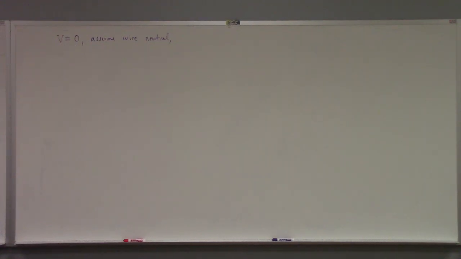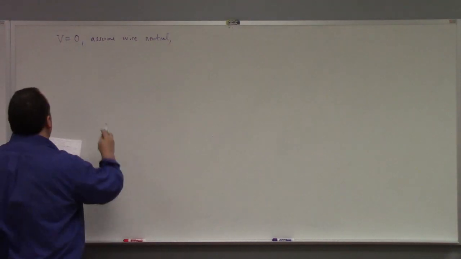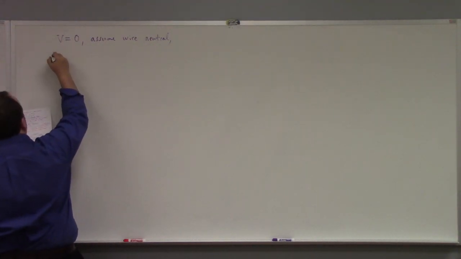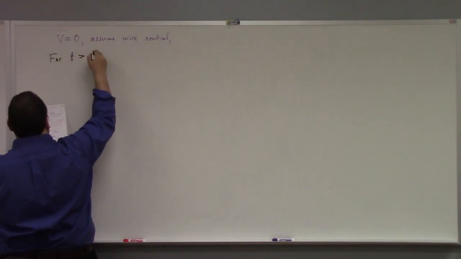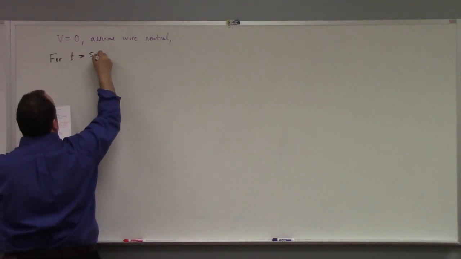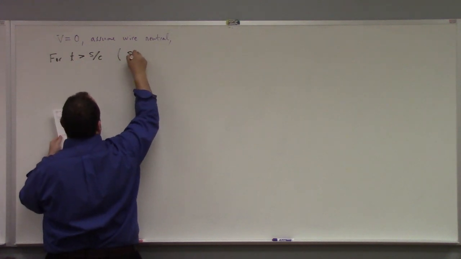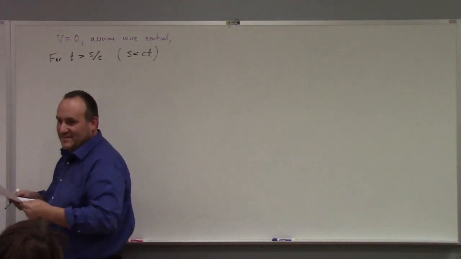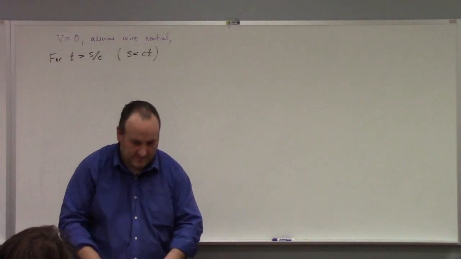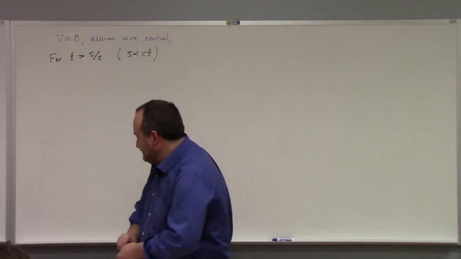So for time greater than s over c, which is equivalent to saying s is less than ct, there are two different ways to look at this, so don't let me confuse myself over that.